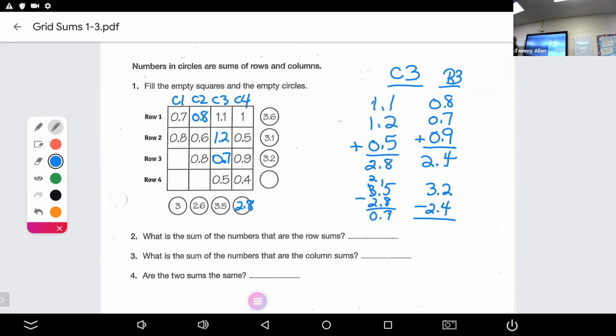Kate Holloway, what'd you come up with? 8 tenths? Go ahead and figure out C1.